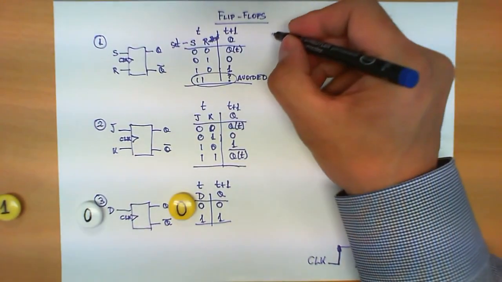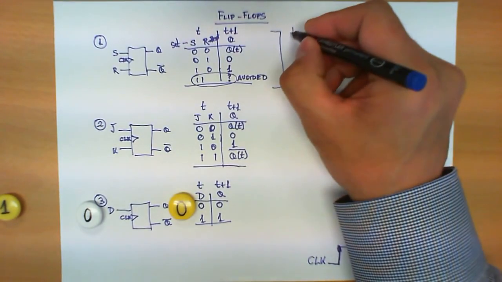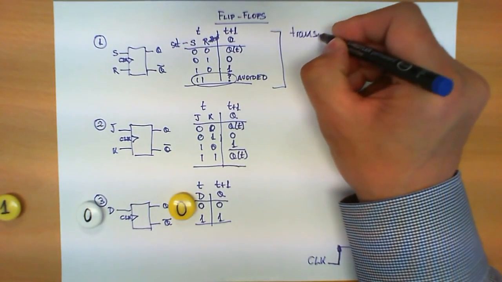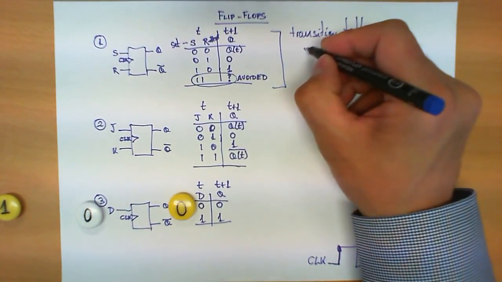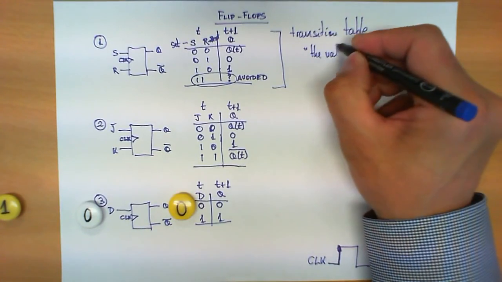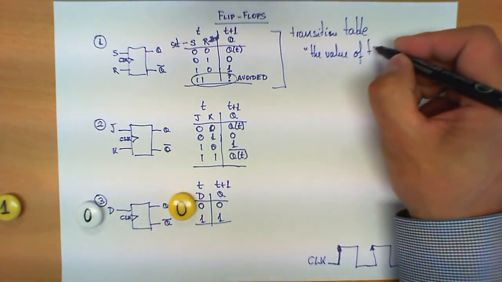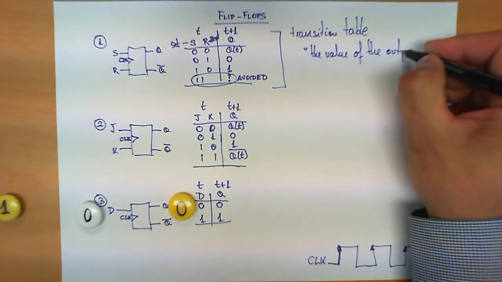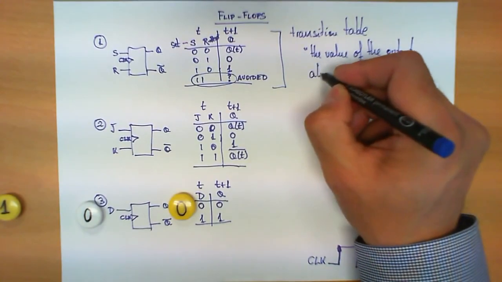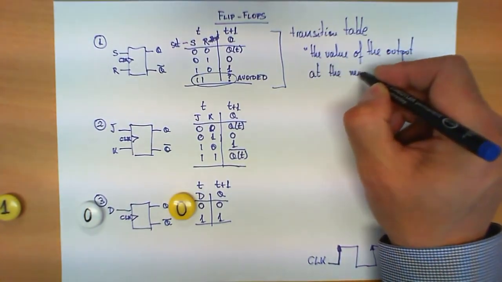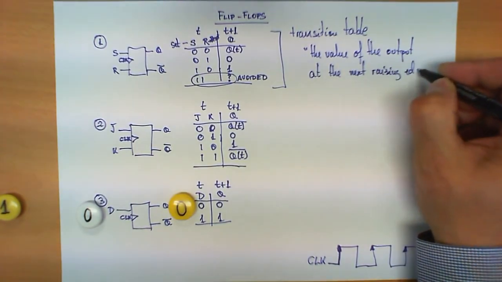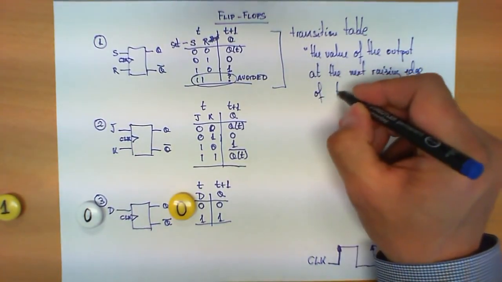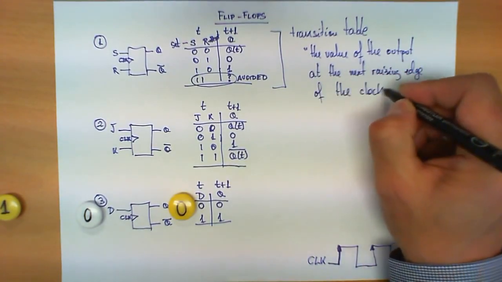So the most important thing to remember is that this transition table is specifying the value of the output at the next raising edge of the clock.